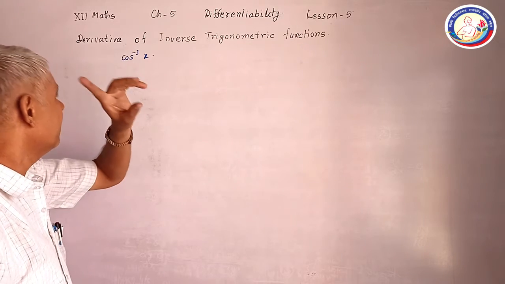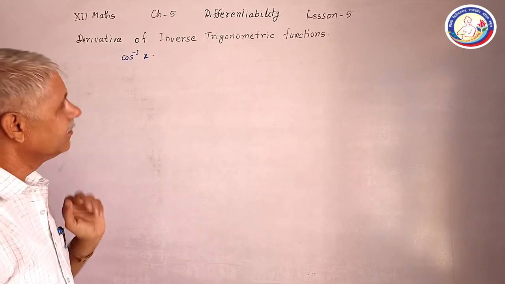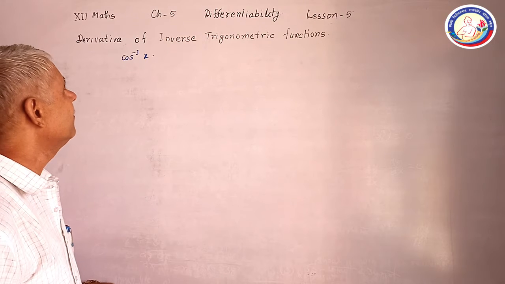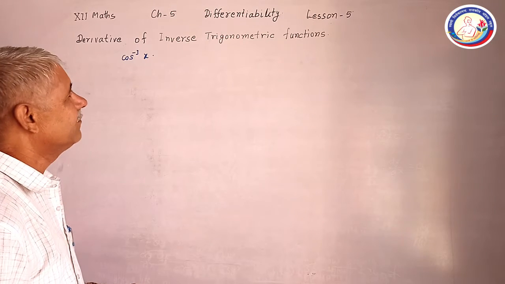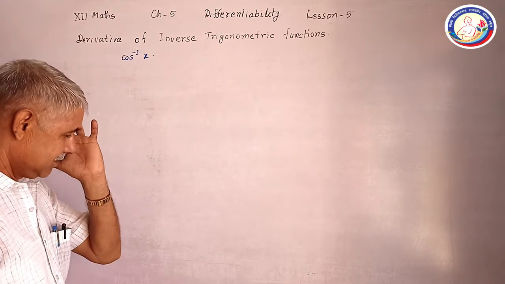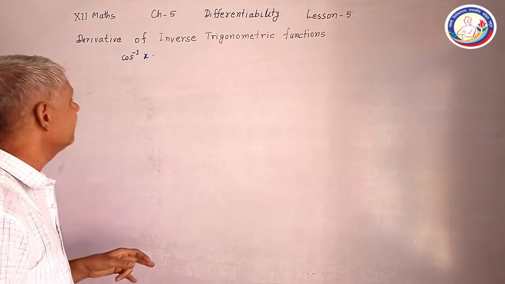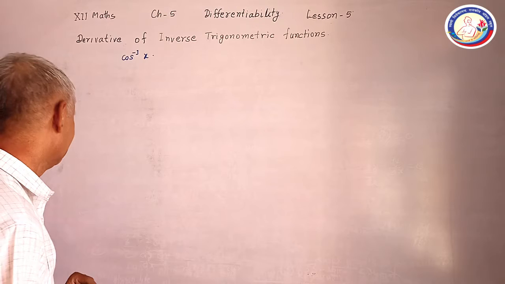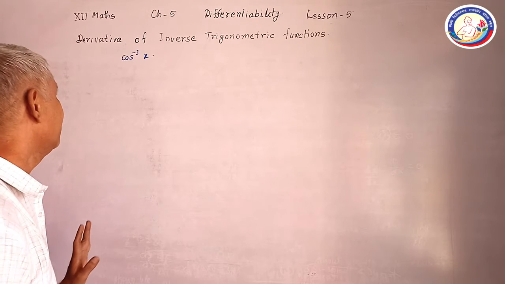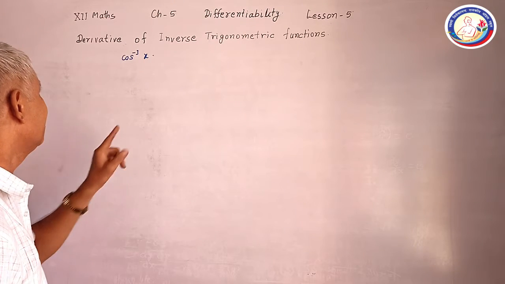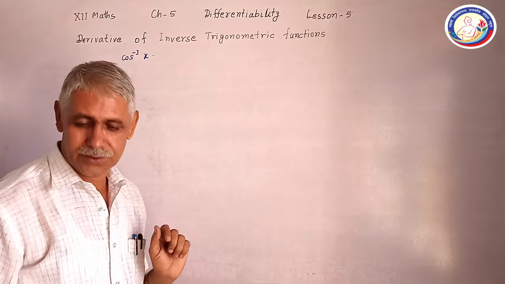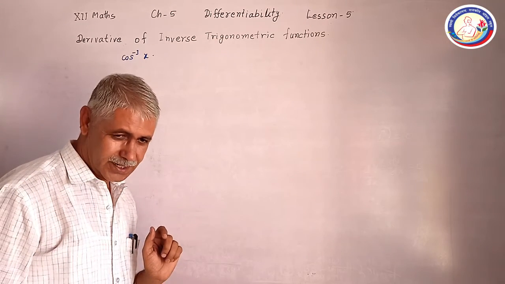Now we are trying to find derivatives of inverse trigonometric functions. In this connection, first of all, I am taking cos inverse x. Solution for finding derivative of sin inverse x is given in your textbook. You can go through that.